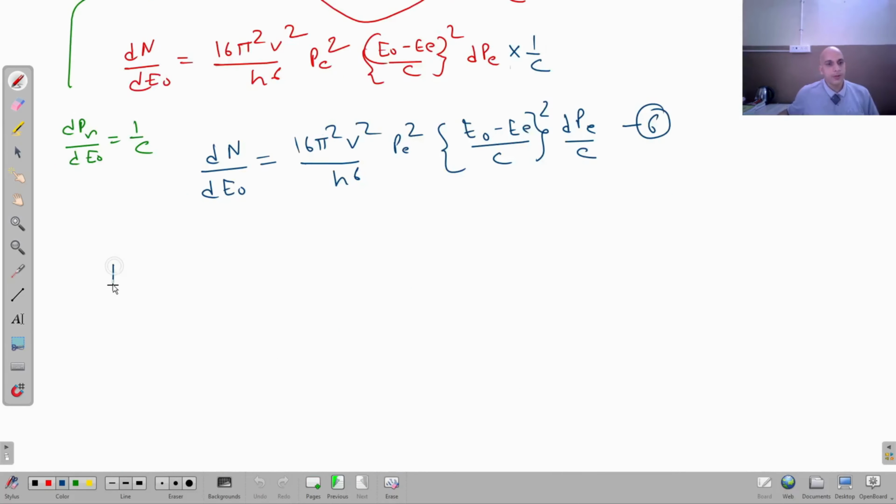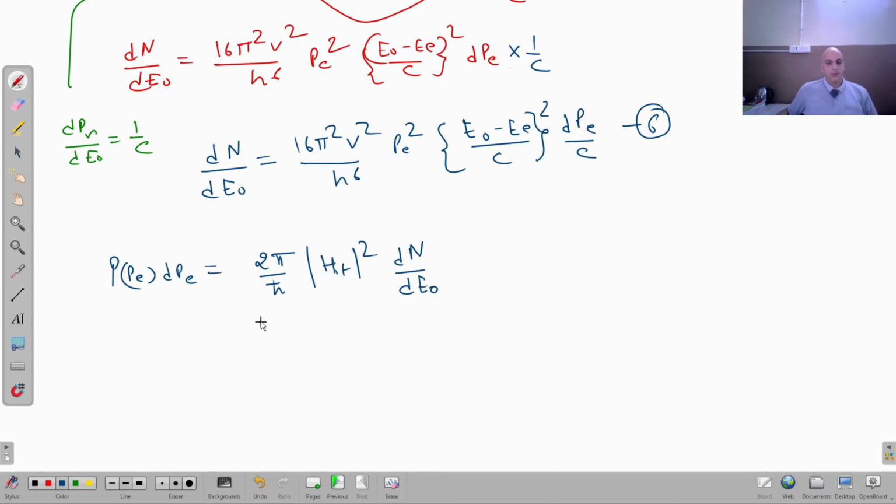The probability of P_e, dP_e, is equal to 2 pi upon h cut into HIF square into dN upon dE naught. It was the equation.